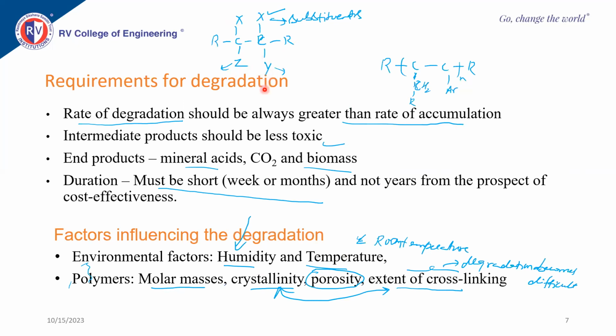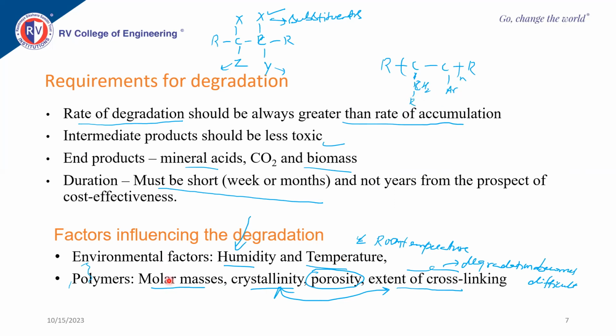That you call the extent of cross-linking. That means for a principal carbon in the principal chain, if there is more than one carbon group, for example an ethyl group, CH3, CH2, two carbon chains, it is very difficult to degrade. If you have an aromatic ring, it is even worse. So that is the thing.